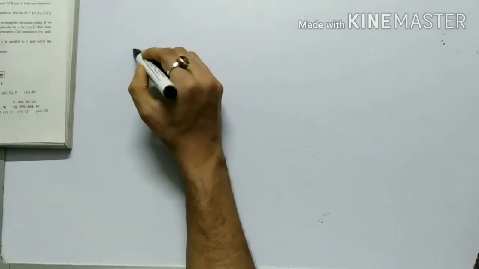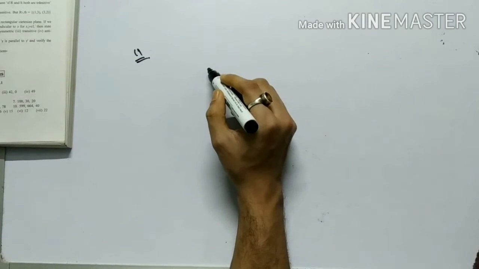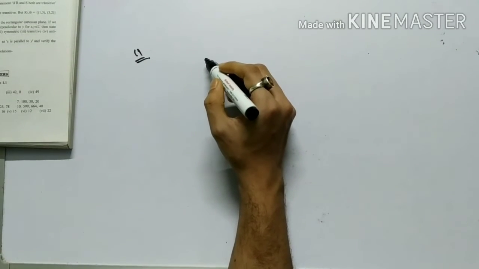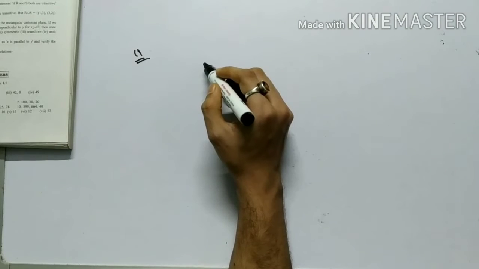Next I will go to question number 11. Let L be the set of straight lines on a rectangular Cartesian plane. We define a relation R on L as: x is perpendicular to y.